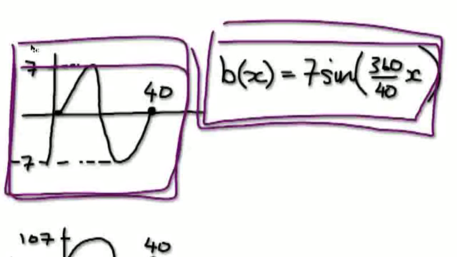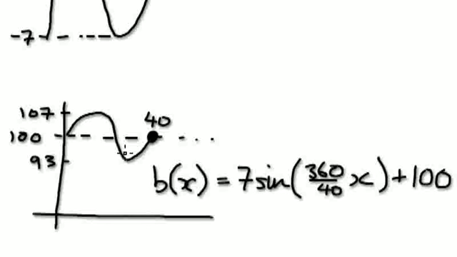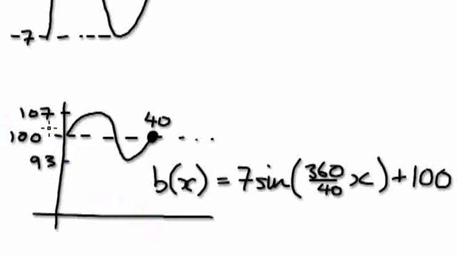Our next step is to move everything up. Earlier we were here with an amplitude of 7. Now we need to move this up so it hovers around the 100°C mark.